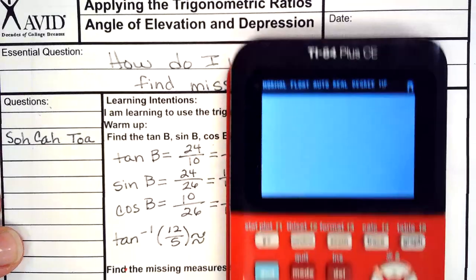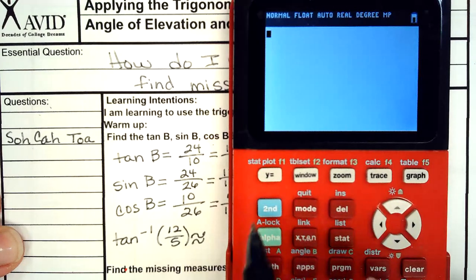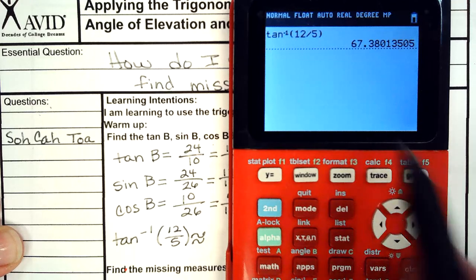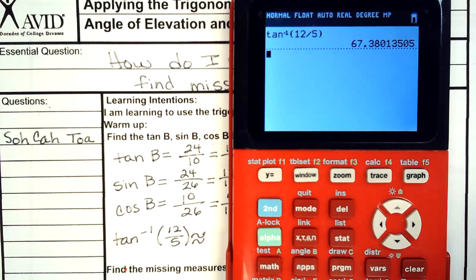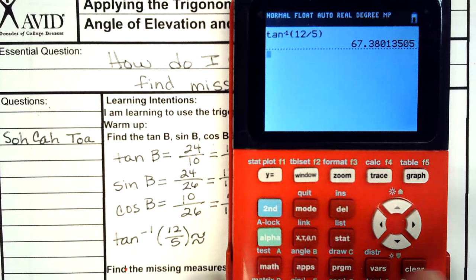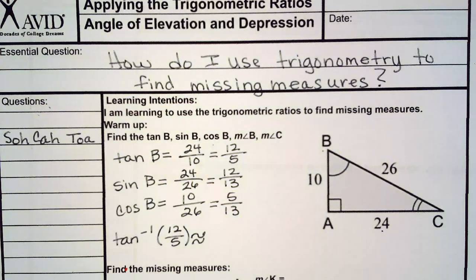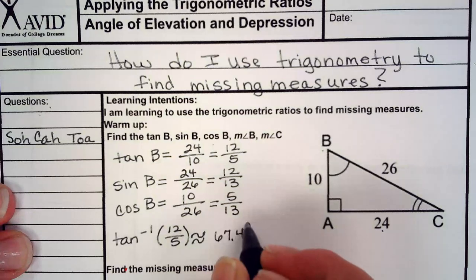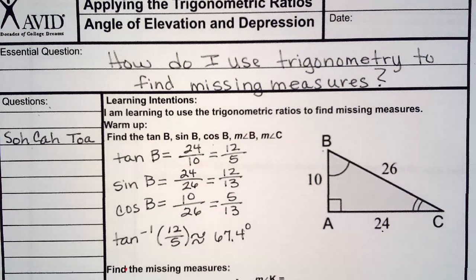To find my tangent inverse button, I have to use the blue button, and then tangent. Tangent inverse of 12 divided by 5, I close it, and I end up with 67.38, round to the nearest tenth, 67.4. And this is the measure of angle B.